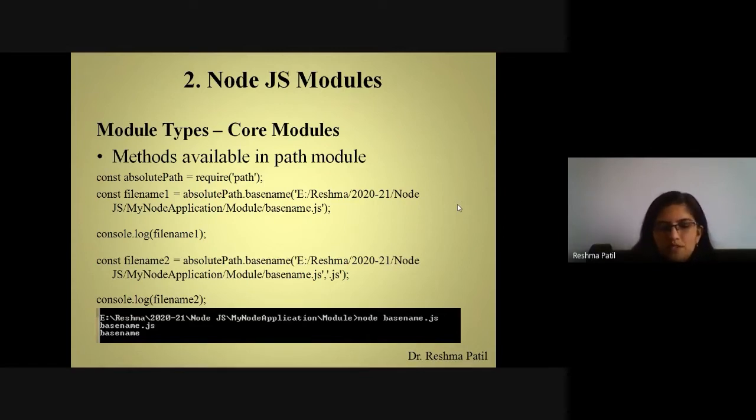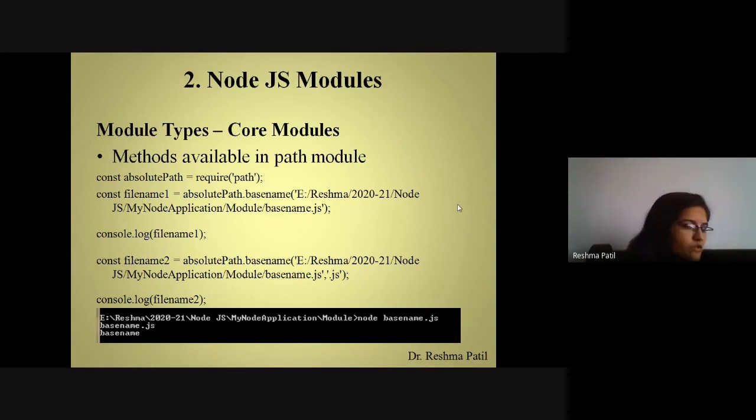From HTTP, we saw yesterday one method, that is create server. In that program, we used the method create server. For that method, we have a separate chapter, web server, so in that we will see the HTTP module separately.